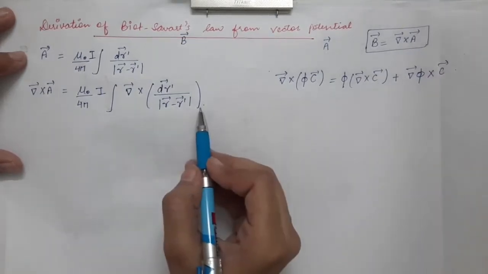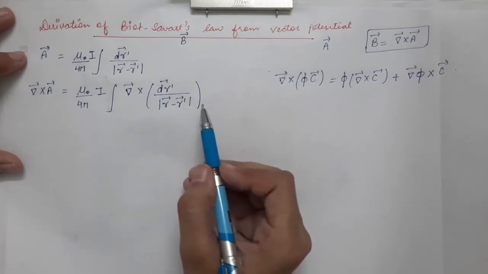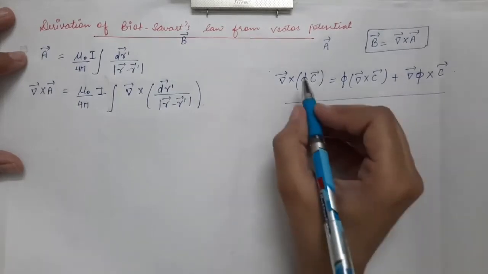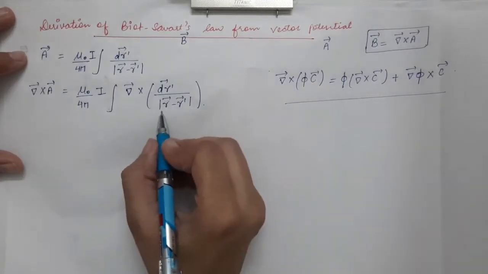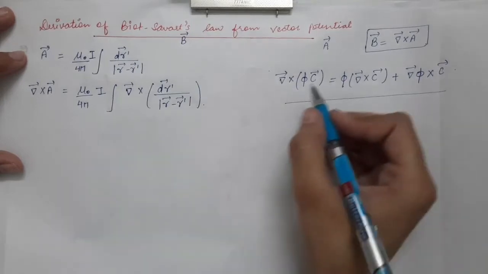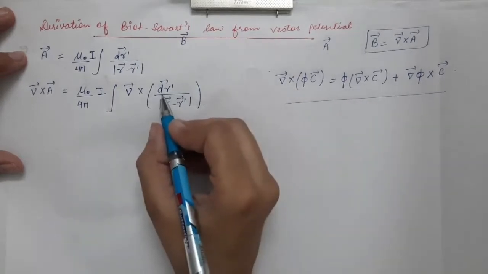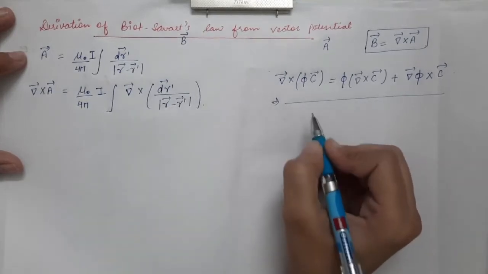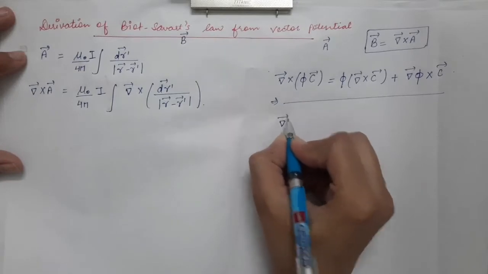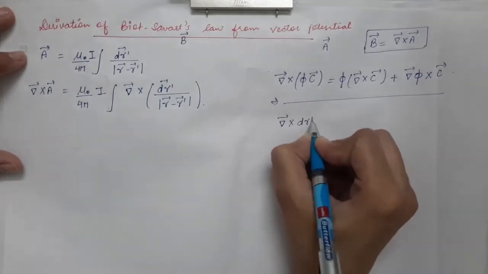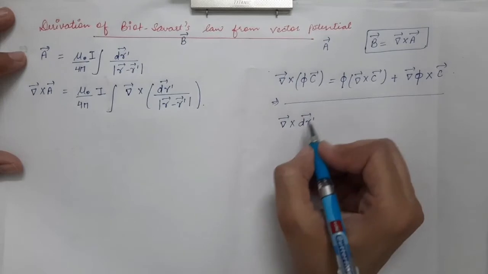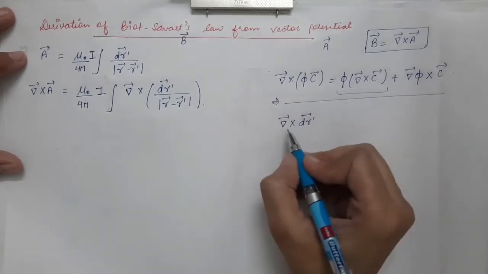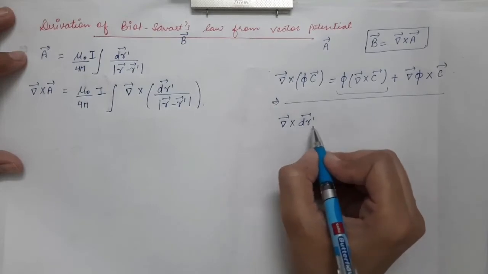We are going to use this same identity, and when you use it, you will write the step yourself, putting phi equal to 1 divided by the magnitude of r vector minus r prime vector, and substituting the C vector as dr prime vector. In that step, in the first term you will get the curl of dr prime vector.